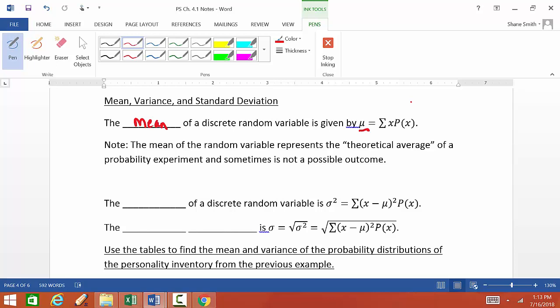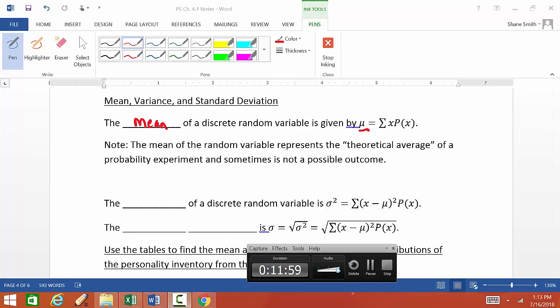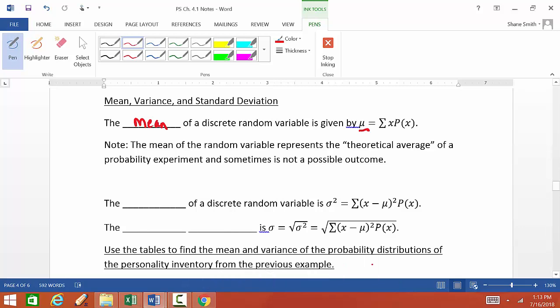Well, can you actually have 2.5 people in your household? And the answer is no, right? You may wish your sibling was treated as half a person, but they aren't. So 2.5 is the theoretical average of how many people are in the household, but it's not a possible outcome, right?